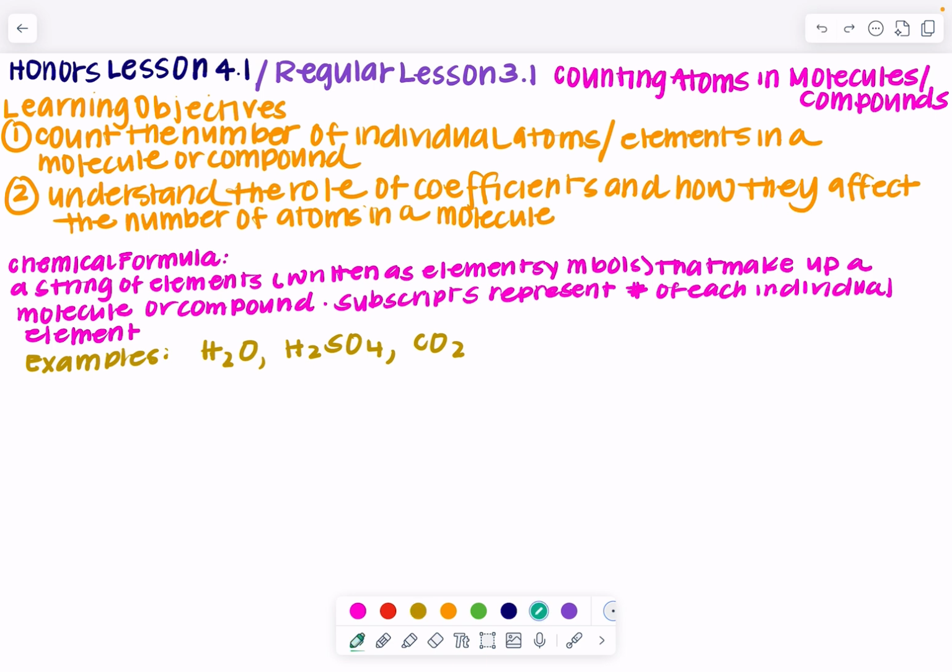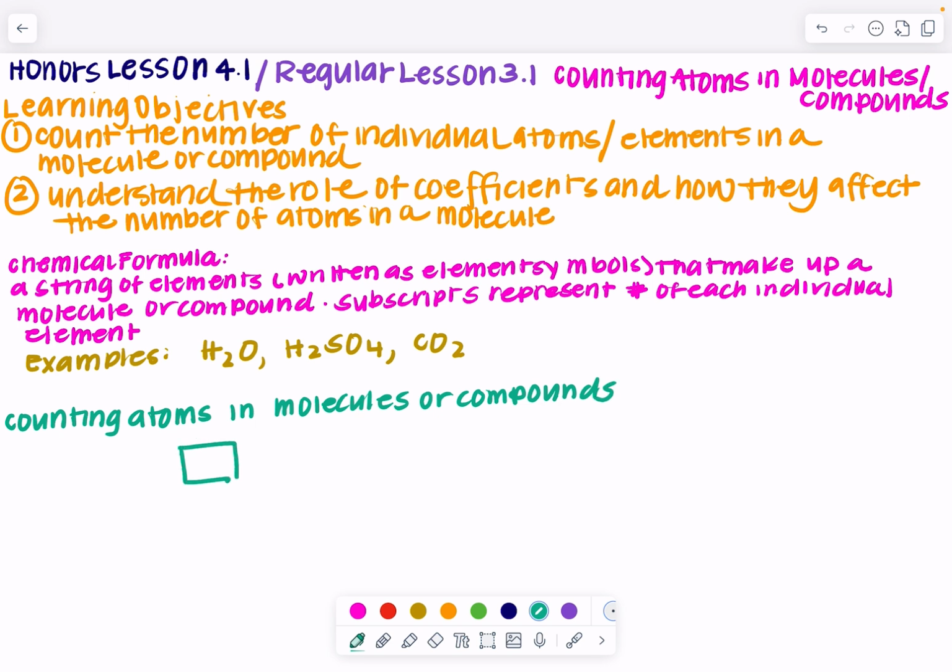So the first thing we want to do is counting atoms in molecules or compounds. Basically, we will have a big symbol. This is the element symbol. This is telling us what element it is.